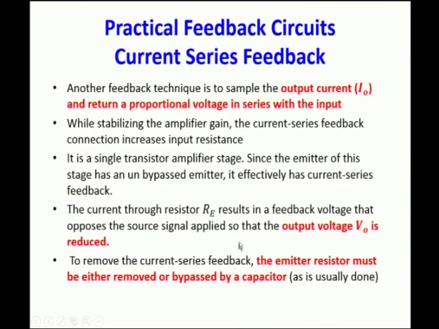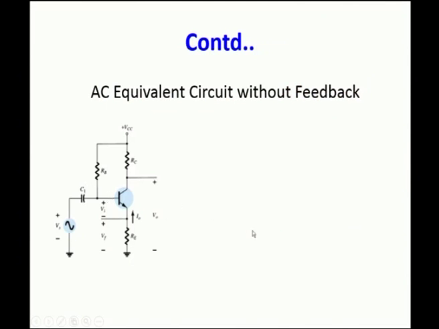For the current series feedback, it is also again a practical feedback circuit. You have a current series feedback for which you have used a BJT, bipolar junction transistor, and here RB, resistance RC and the resistance RE. So, you have taken the output across the collector terminal.